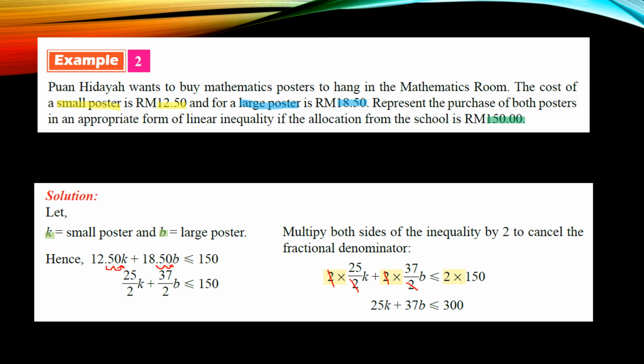So for 150, you know that the decimal point is behind. So when you move, you must put 00. So it will become 15,000.